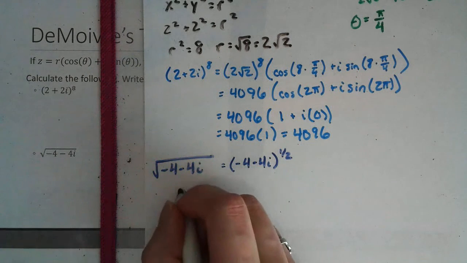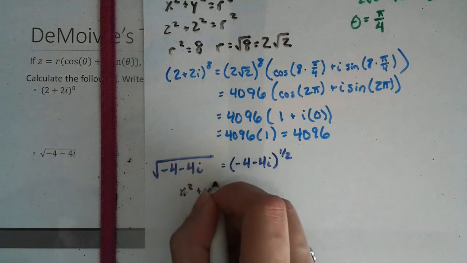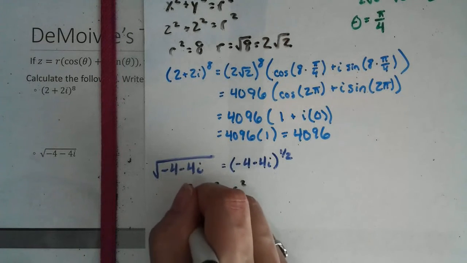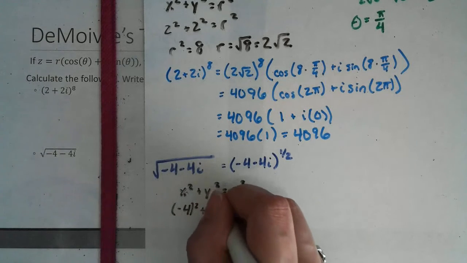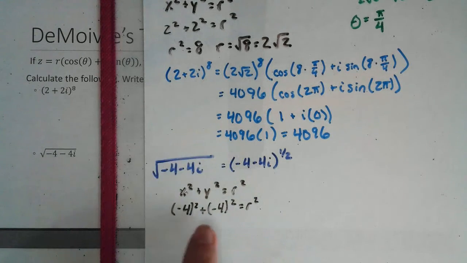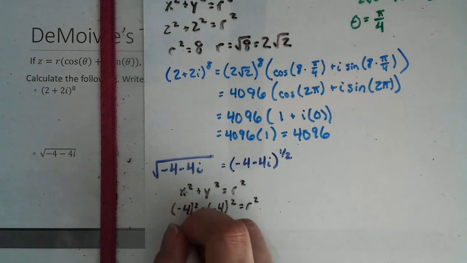So let's start with r. x squared plus y squared is equal to r squared. This time we have -4 squared plus -4 squared is equal to r squared. 16 plus 16 is 32.